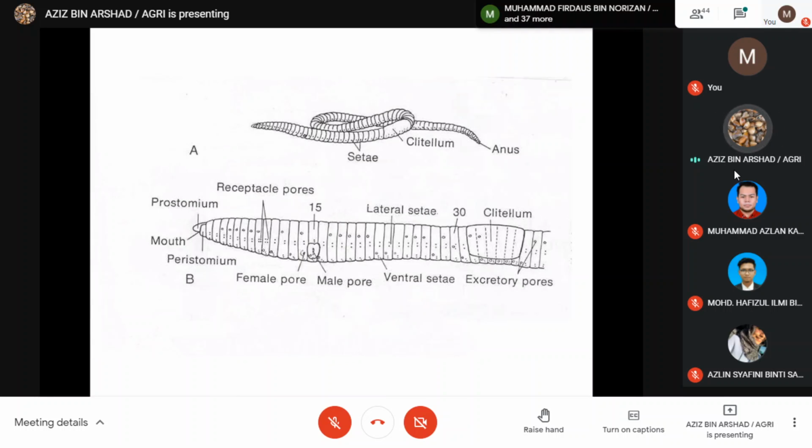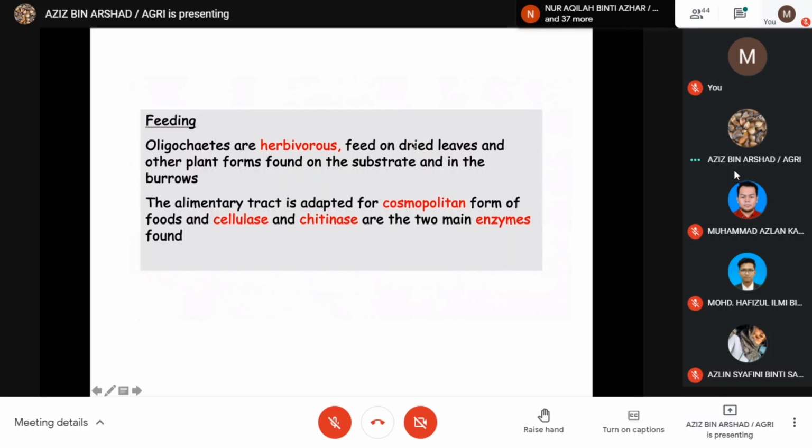The number of segments varies also, and the segments have apertures or pores for the male and also the excretory pore and everything. So what you can see from the body is the segments. And from the segments, you can see the setae, which are fine hairs on the body, no parapodia. You can see the anus and you can see the clitellum.